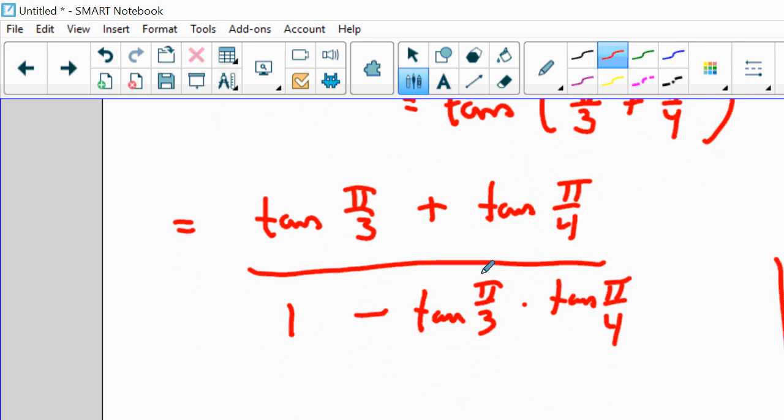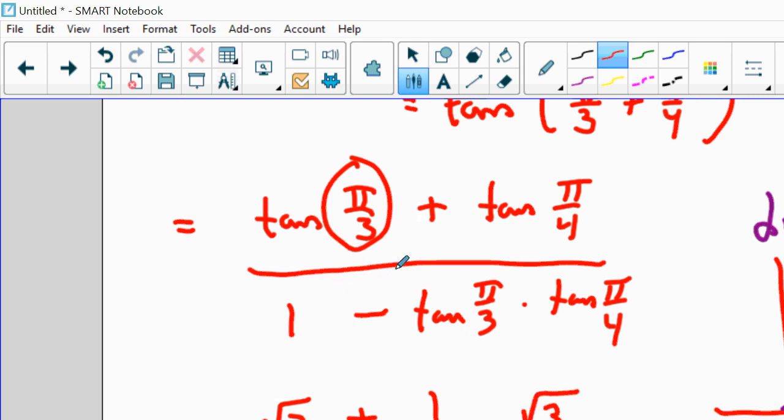Now unit circle to me goes 0, square root of 3 over 3, 1, square root of 3, DNE. So pi over 3 is 60, so square root of 3. Pi over 4 is 1, over 1 minus, copy, copy. So I get the square root of 3 plus 1 over 1 minus the square root of 3.